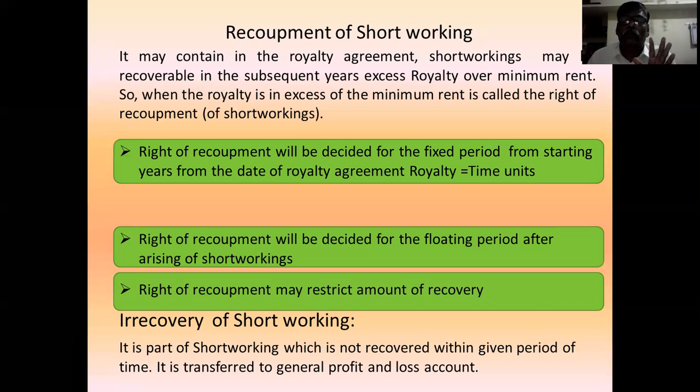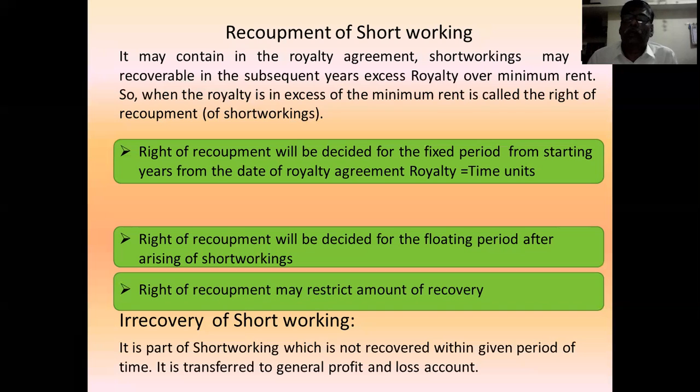There are 5 items. First item is royalty; first, it is possible to calculate royalty. Then you know the minimum rent. Then calculate short working. Calculate recovery of short working. Then calculate irrecovery of short working. These are the important and basic points you have to remember regarding royalty accounts.